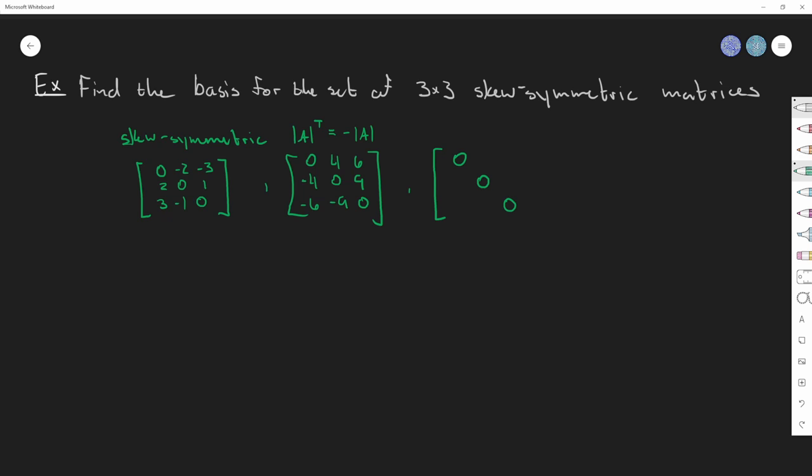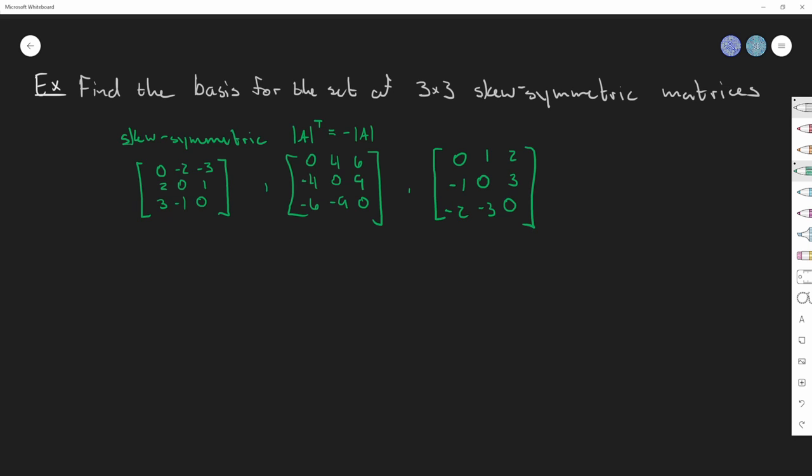I'm going to start with the top right: any numbers, 1, 2, and 3. And then the bottom left would be the same numbers, but negatives, reflected across the diagonal.